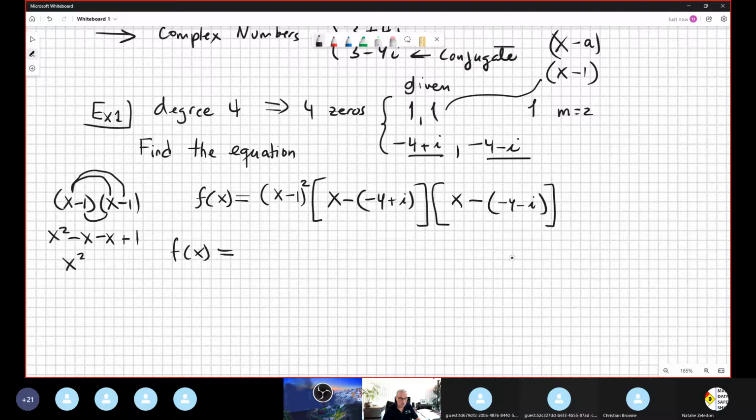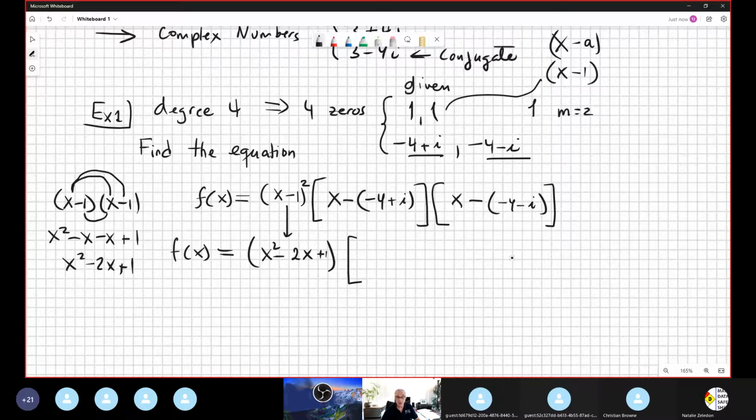So x squared minus 2x plus 1 when you combine like terms. So x squared minus 2x plus 1. This part is this part. I want to dedicate time to that part. It's the complicated part. Bracket.